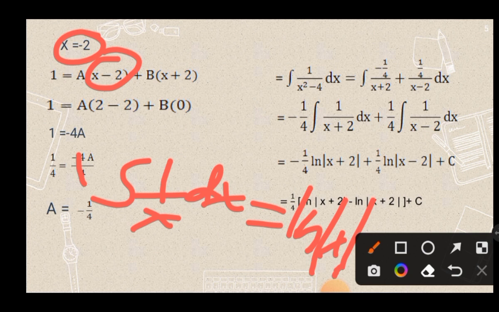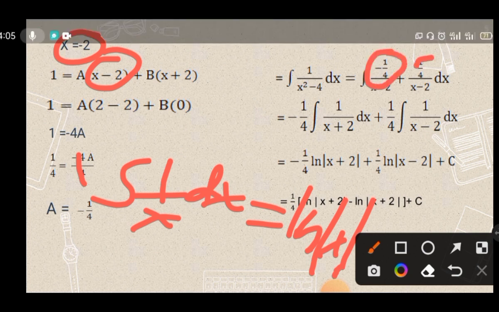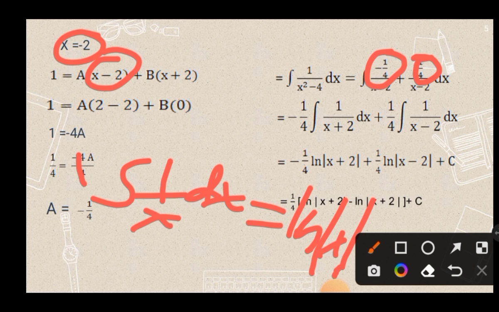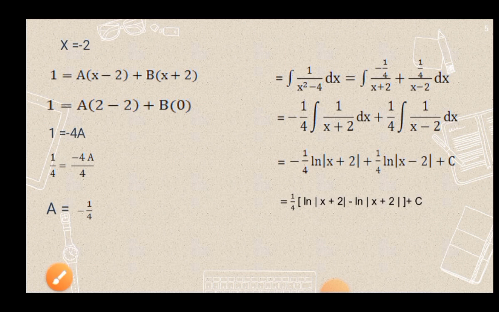First, we bring the constants to the front. So we have negative 1 over 4 times the integral of 1 over x plus 2 dx, plus 1 over 4 times the integral of 1 over x minus 2 dx.